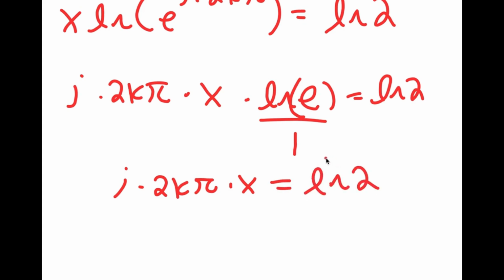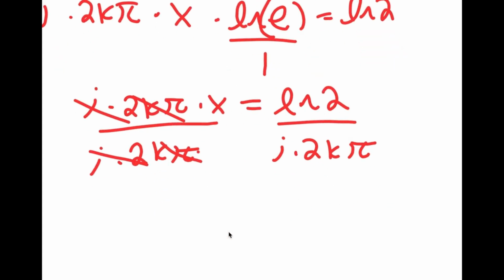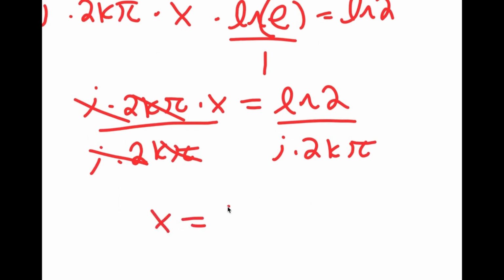Now to solve this, I'm going to divide both sides by i times 2k pi. So then these two cancel out, and I'm left with x is equal to ln 2 over i times 2k pi.